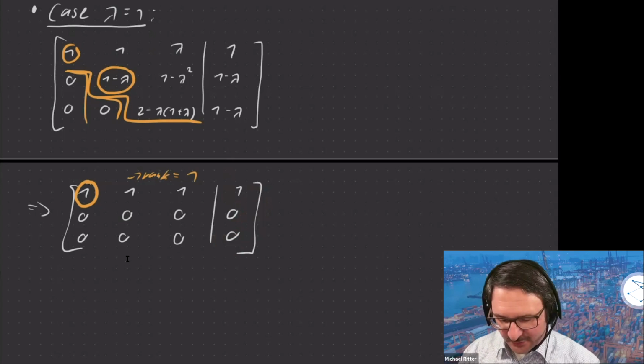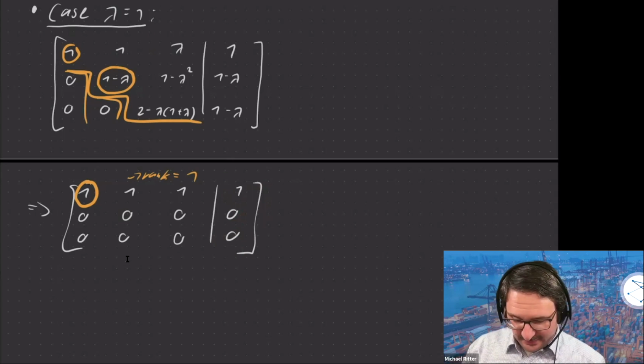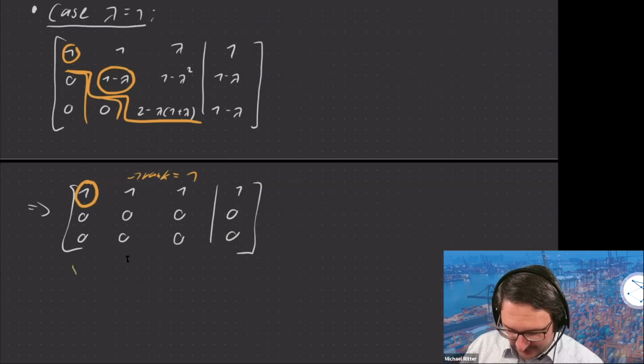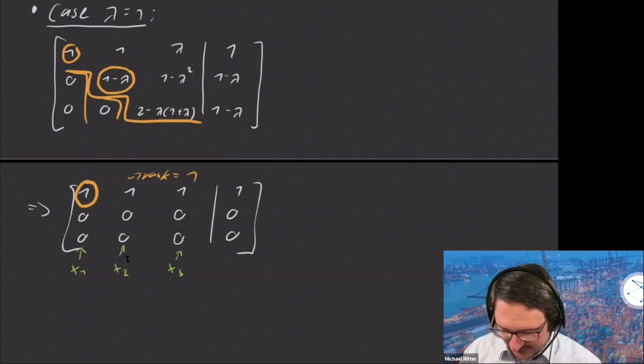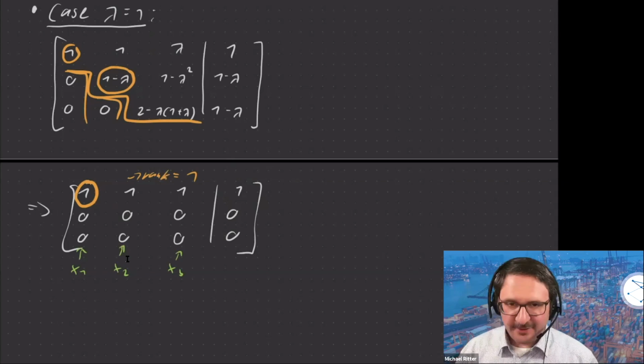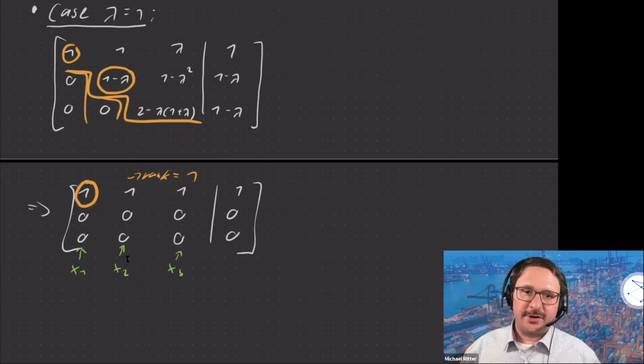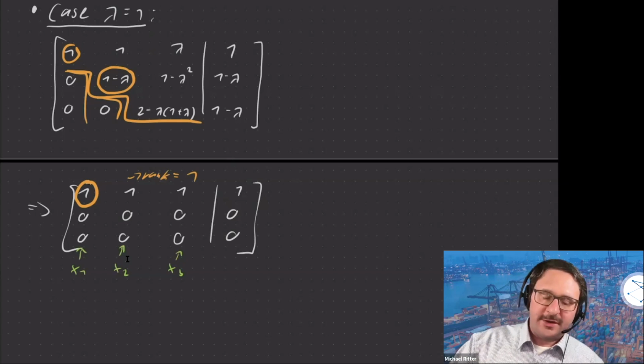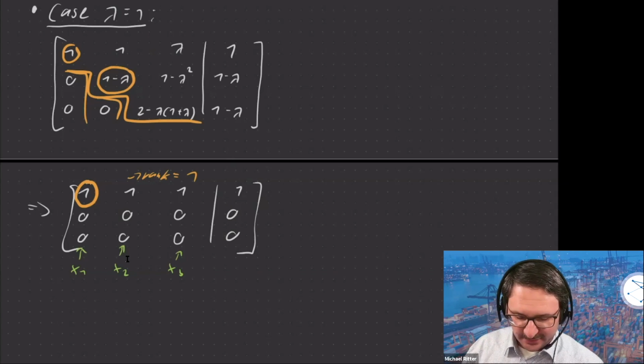Well, what is the solution in this case? Again, remember the variables correspond to the columns. So what that means is we have a pivot element in the column corresponding to x1, but no pivot element in the other 2 columns.